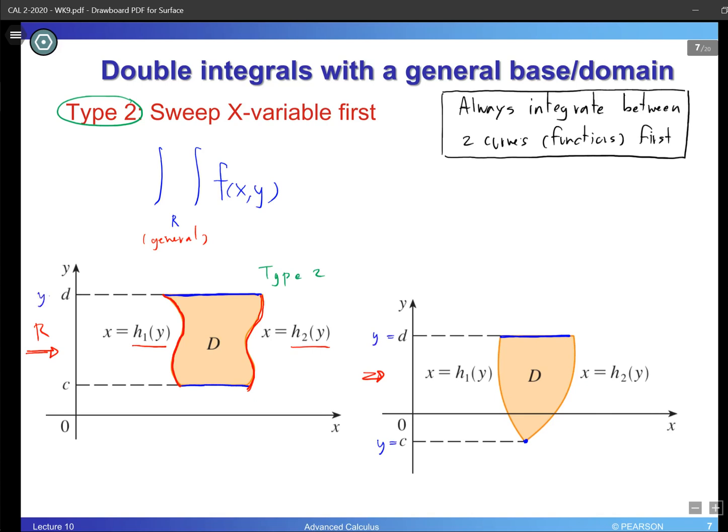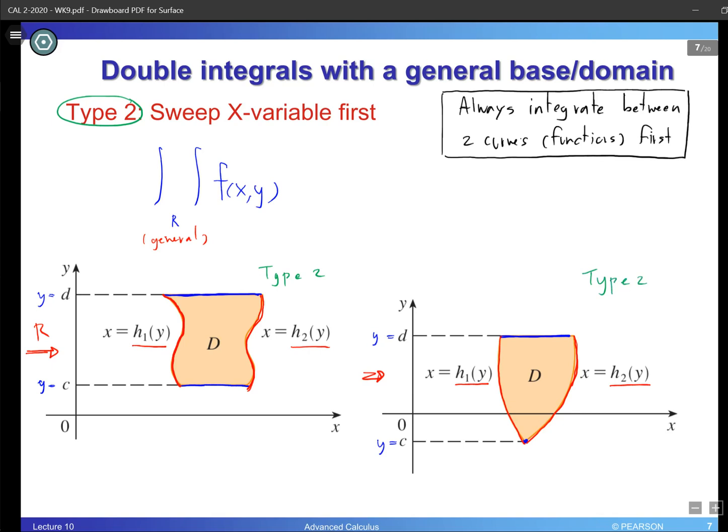For the left and the right boundaries, we have this curve on the left and this curve on the right hand side. Once again, the one on the left is defined by this function of y, h1, and on the right hand side it is h2 as a function of y. From this characteristic, this is definitely type 2.